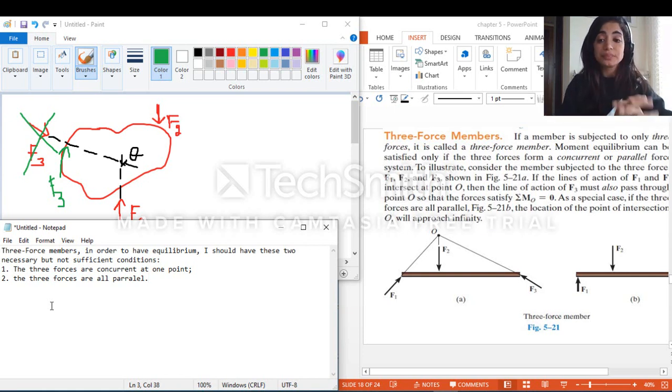Okay, so guys, as I said before, two and three force members are very important later on because they will simplify and facilitate our problems.